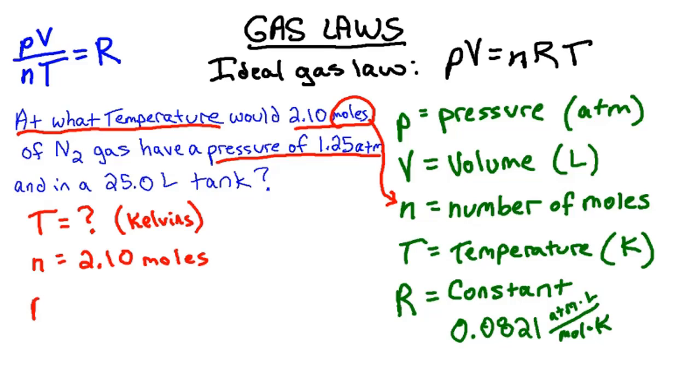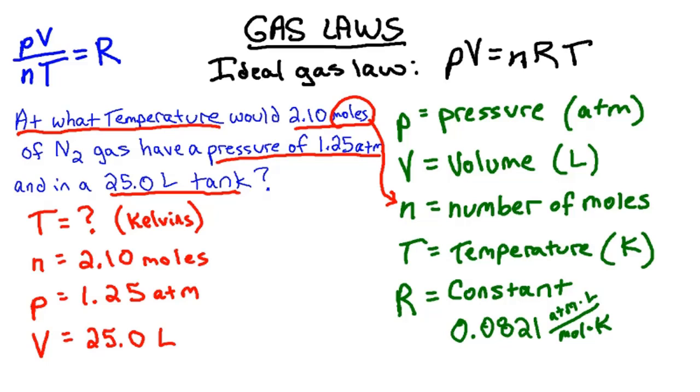So our pressure is going to be 1.25 atmospheres, and in a 25.0 liter tank. So that's liters, so that's going to be our volume, 25.0 liters. Those are going to be our factors when we work this problem.